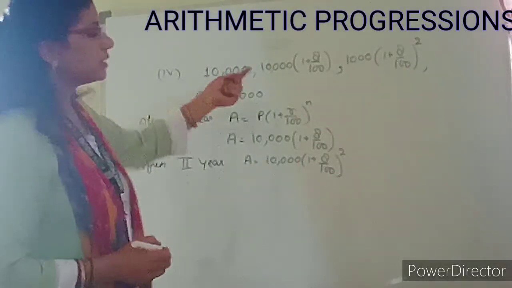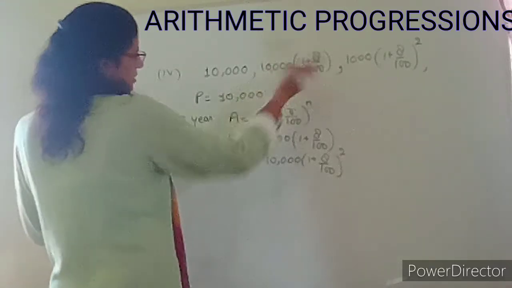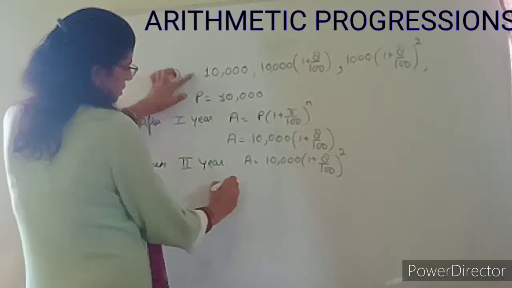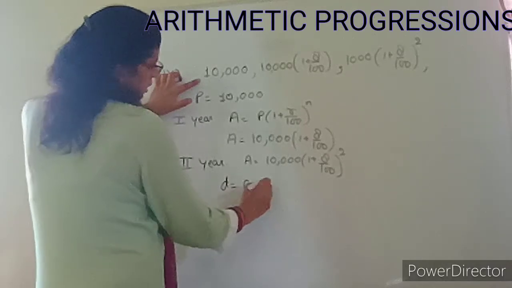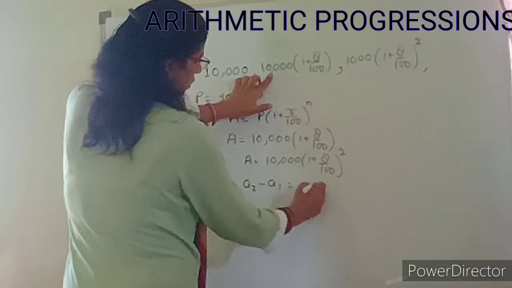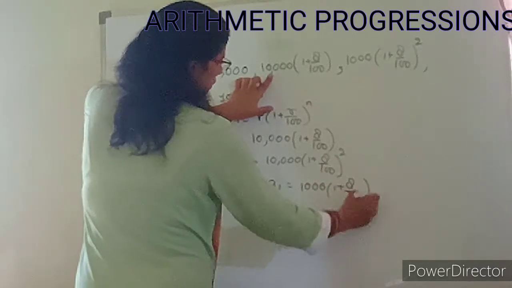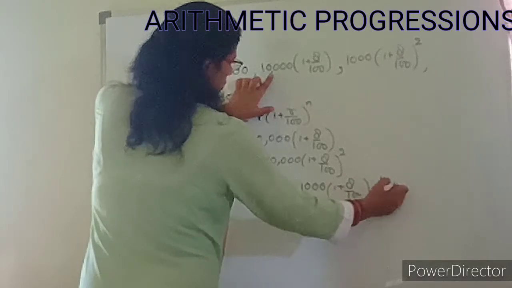Now let us find the common difference. We have to see whether this is the same or not. Obviously this is not the same. So the common difference is A2 minus A1. See, this is A2: 10,000 times 1 plus 8 upon 100 minus 10,000.